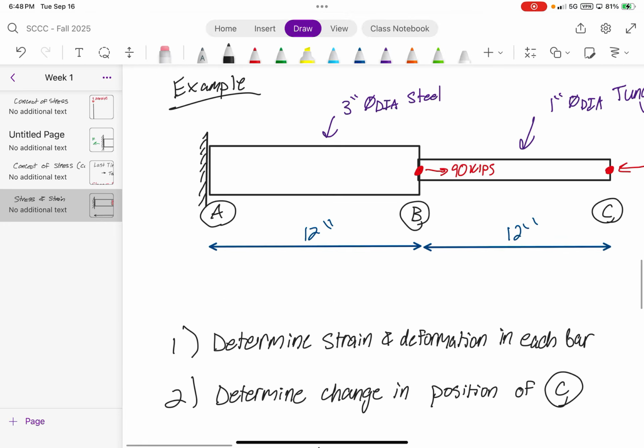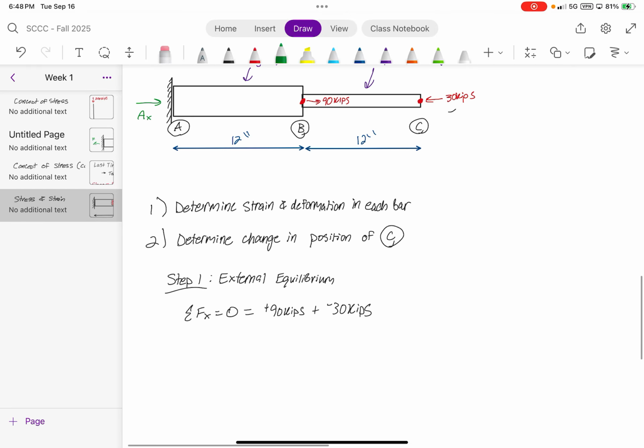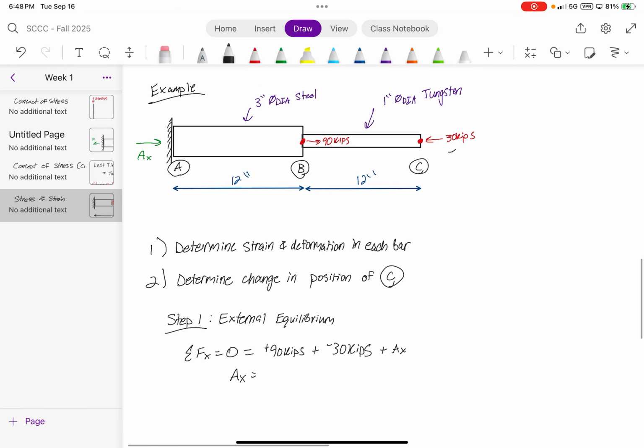And then lastly, we consider this little boundary right here, AX. So we would just add AX to that. And what we would get is AX is equal to negative 60 kips, which tells us it's moving to the left.